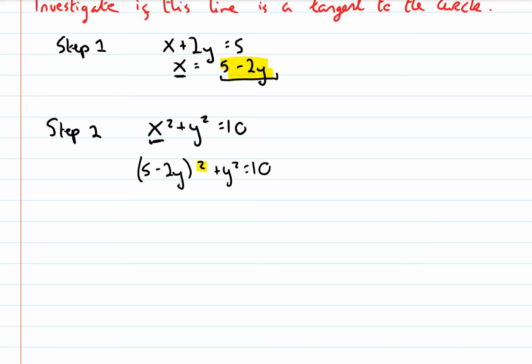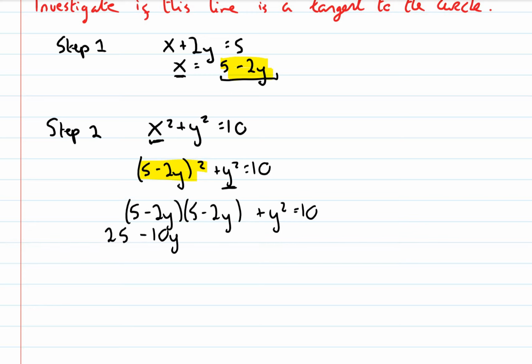So I'm going to square out this first, and I'll get 5 minus 2y, 5 minus 2y, and then I add in the plus y squared, which is from here, equals 10. I'll square out these brackets and I'll get 25 minus 10y minus 10y plus 4y squared.